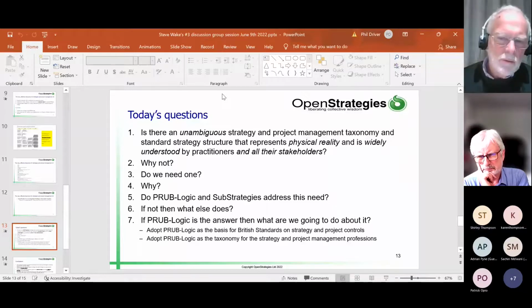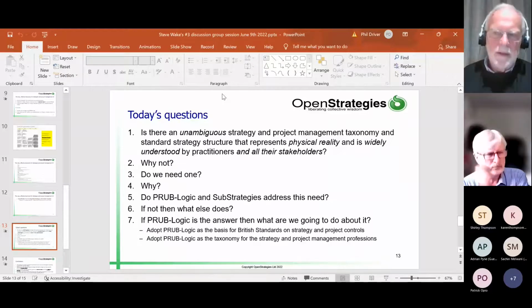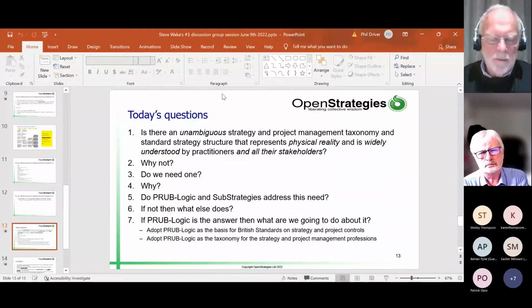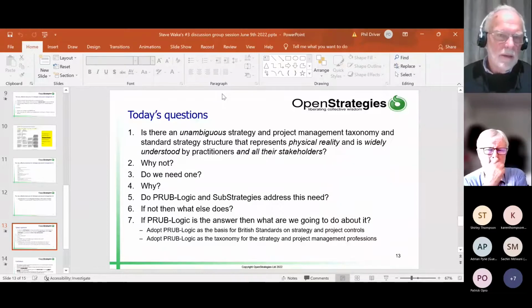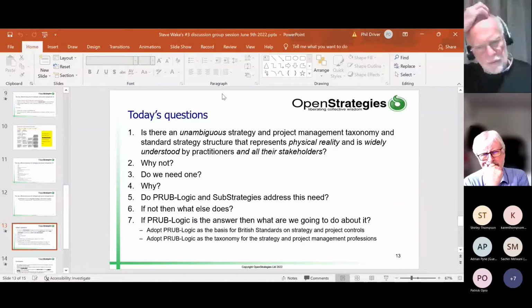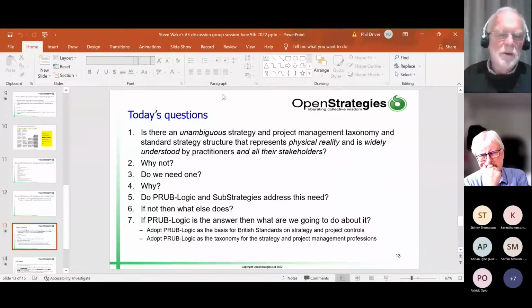Yeah, so I'm using words like taxonomy and standard strategy structure for this discussion forum because I figured you guys could get your head around that. And we do have to get that taxonomy right. When we go out to the public, I can't use those words at all. I just use PRUB. And in fact, when I run a workshop, I have a big sticky wall and I have those 4 headings across the top. And I always start by saying, what are you guys trying to do here?